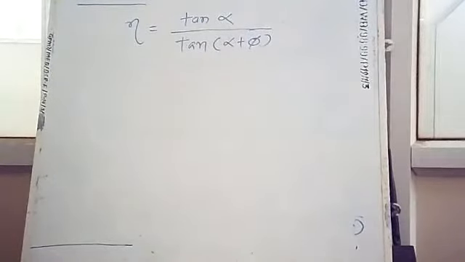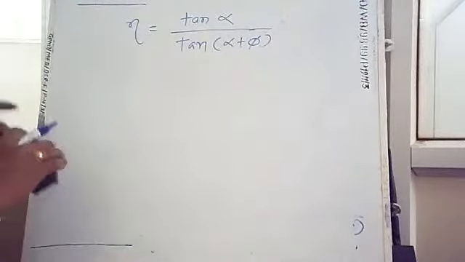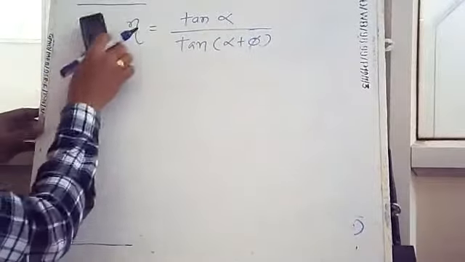Now there is one more equation which is generally used in the power screw. That is the maximum efficiency of square thread. What is the equation of maximum efficiency? Okay. When we say maximum efficiency, we are going to use the same kind of equation here.